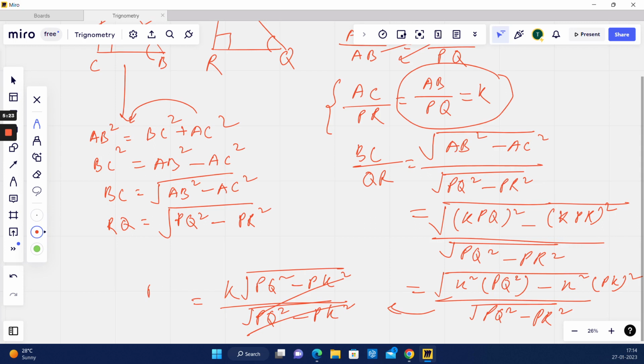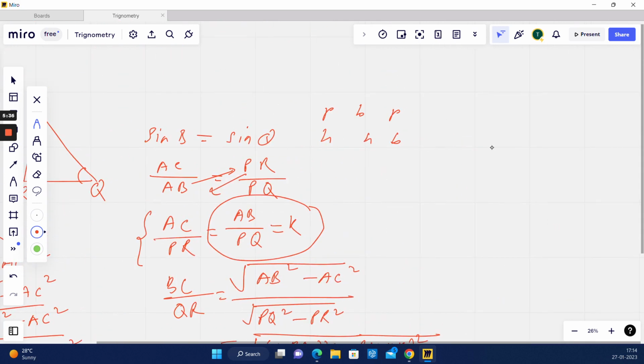That means we get BC by QR is equal to K. Now since AC by PR equals AB by PQ equals BC by QR, equal to K, that means all the sides are proportional. That means we can say triangle ABC is similar to triangle PQR, right? Therefore angle B equals angle Q.